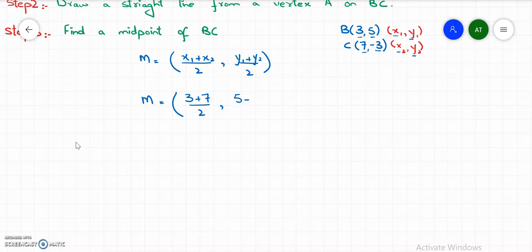So 5 plus -3 divided by 2. M equals 3 plus 7, that is 10 divided by 2, comma, and 5 plus -3 is 2, so 2 divided by 2. So the midpoint is 5 and 1. The midpoint of BC is (5, 1). We are done with step 3.